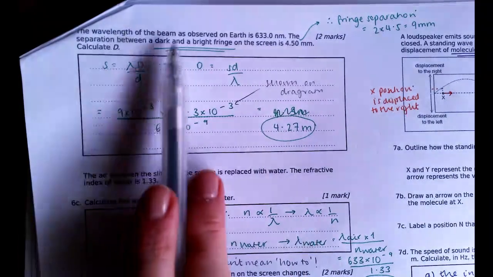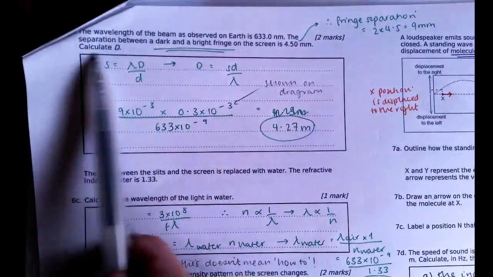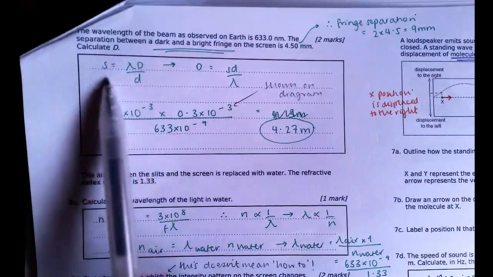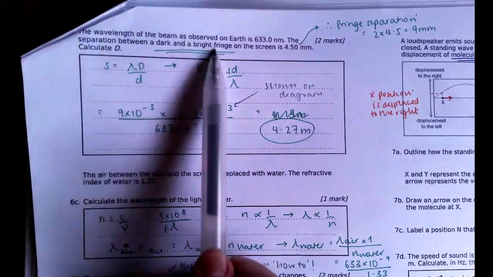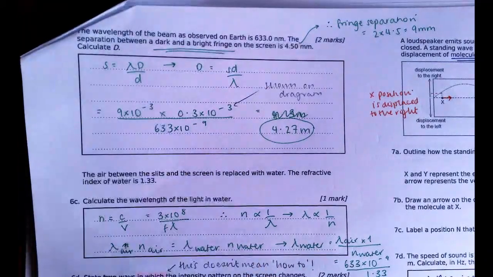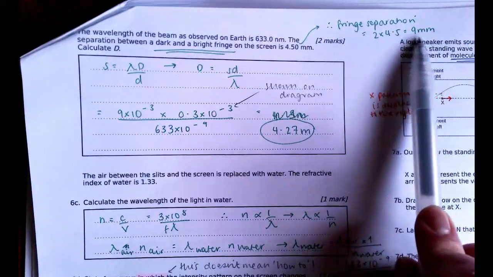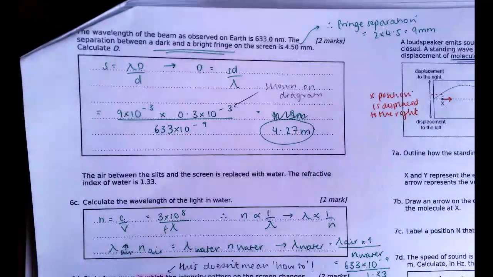But when we're looking at double slit and our double slit equation, S is lambda D over d, you need to be careful because this S represents the distance between two bright fringes or two dark fringes. So we have to multiply by 2 to get our fringe separation value. And then it's just a case of rearranging and plugging the numbers in, and you will get your value of 4.27 meters.